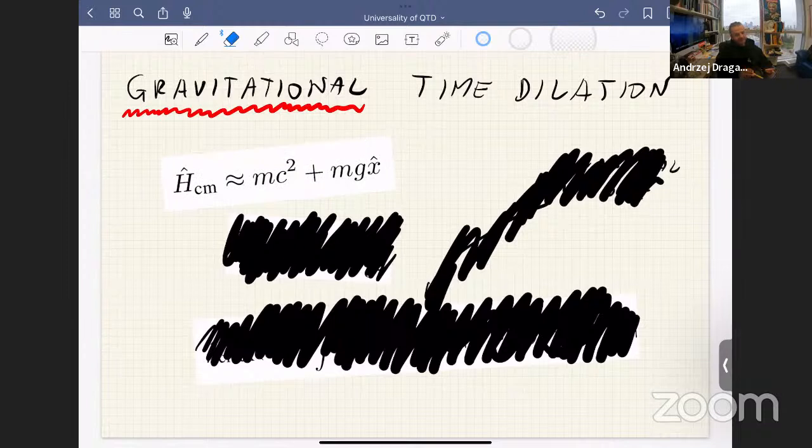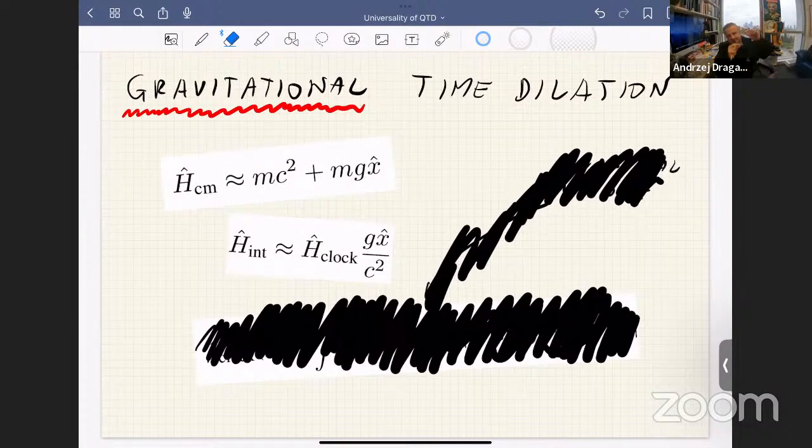You can actually repeat the same procedure. Just take your Hamiltonian, and consider clocks in two different positions in a gravitational field. If you take a Schwarzschild metric, for example, the first approximation is a Newtonian potential. You have an interaction in your Hamiltonian between the clock and the position in the gravitational field.